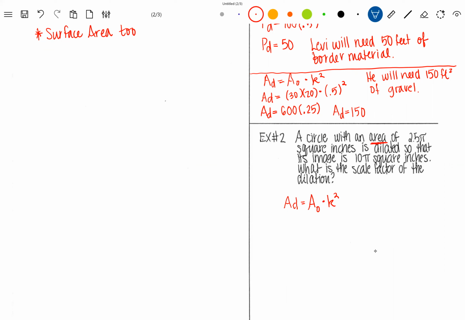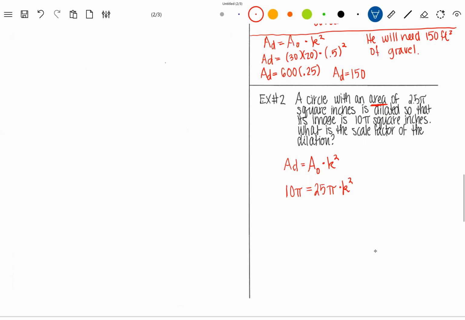So let's plug in everything we know. It says a circle with an area of 25 pi square inches is dilated so that its image is 10 pi. The image is the dilation. So the area of the image is 10 pi. The area of the original is 25 pi. And it asks us to figure out the scale factor. So we're trying to get k by itself.